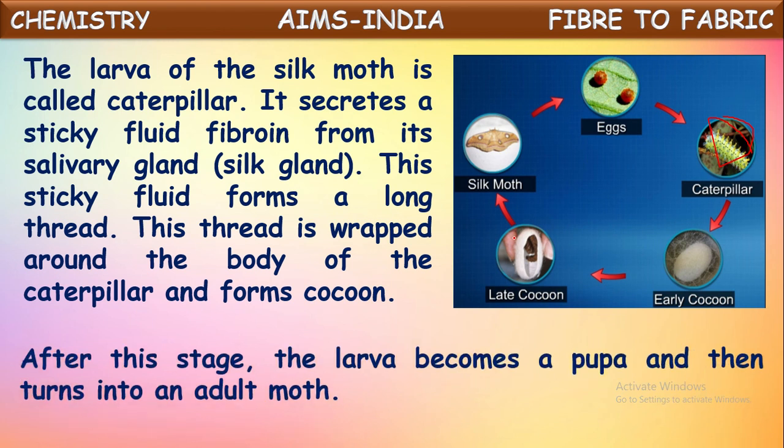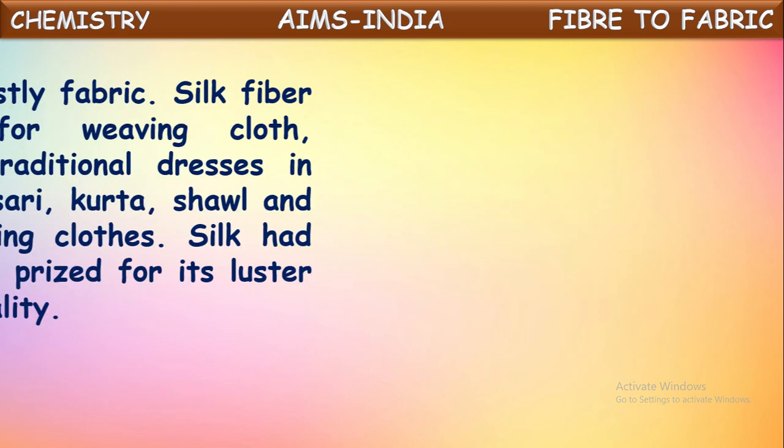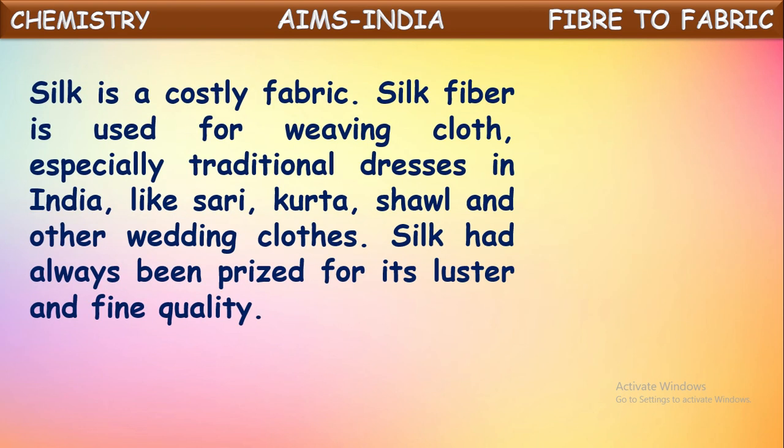After this stage, the larva becomes a pupa and then turns into an adult moth. Slowly this cocoon converts into larva, this becomes a pupa and then it turns into adult moth. Silk fiber is extracted from that.